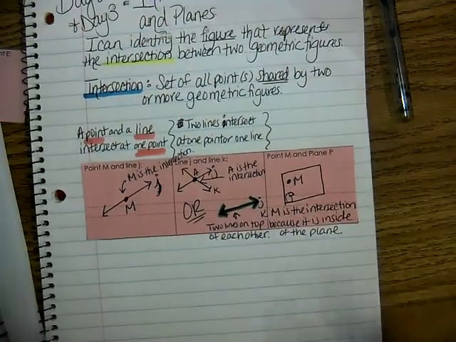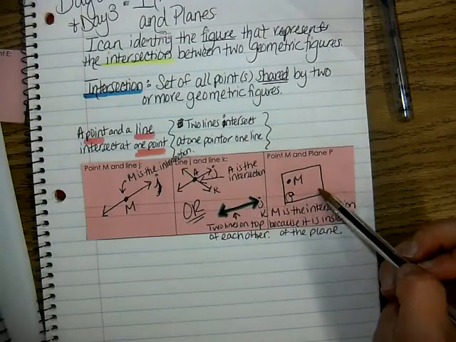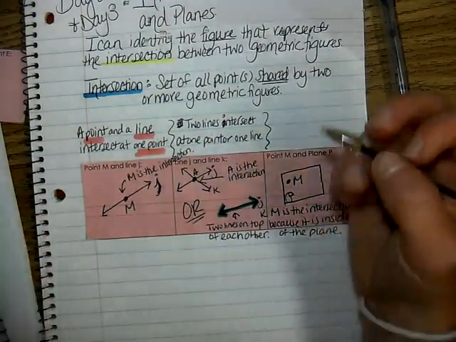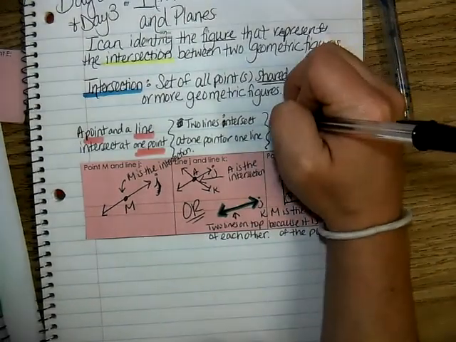So M is considered the intersection. So how point M and plane P, or any point, intersects with the plane: a point and a plane intersect at one point.